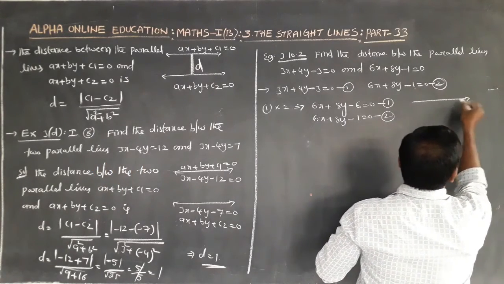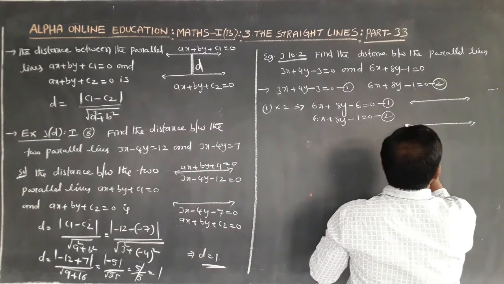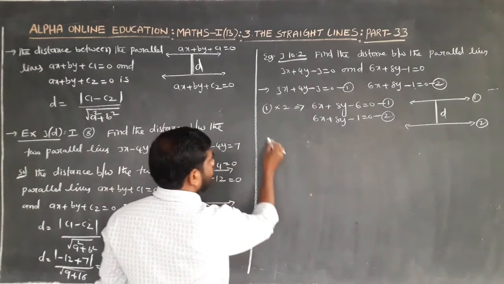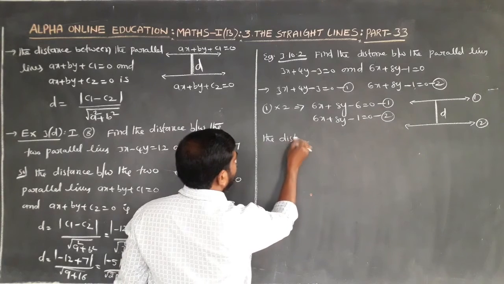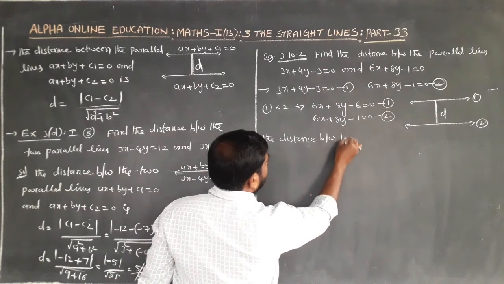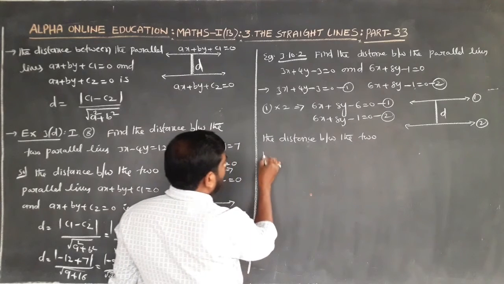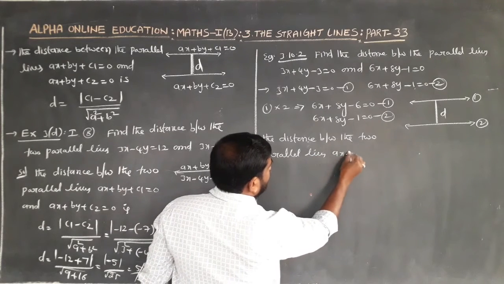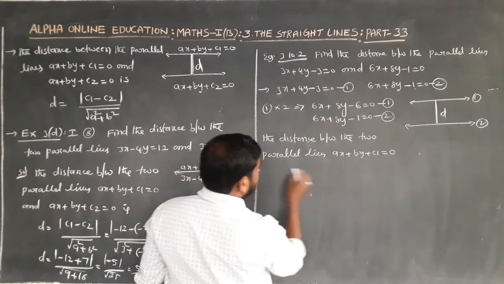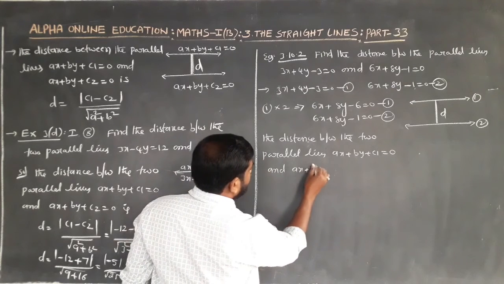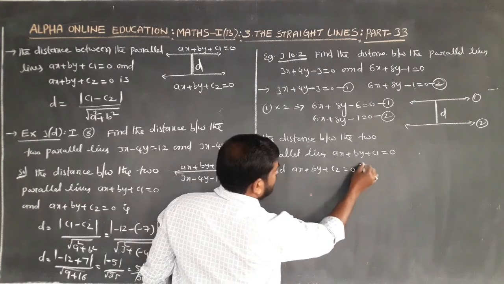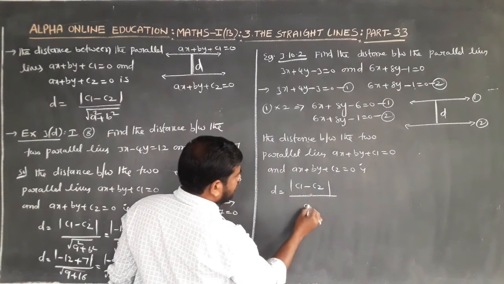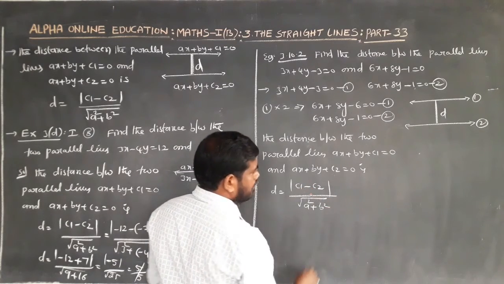This is the distance between the two parallel lines. The distance between the two parallel lines ax + by + c1 = 0 and ax + by + c2 = 0 is mod of c1 minus c2 divided by the square root of a square plus b square.